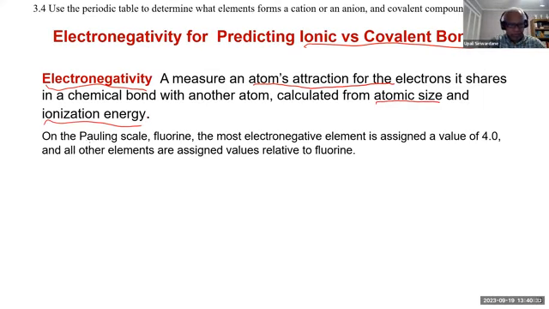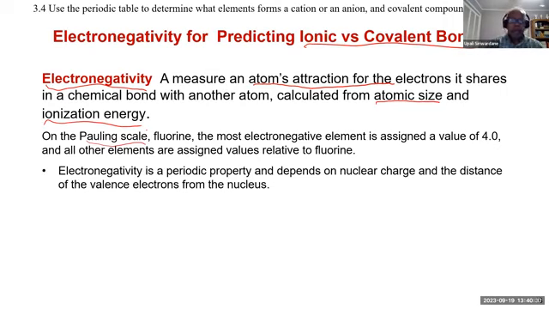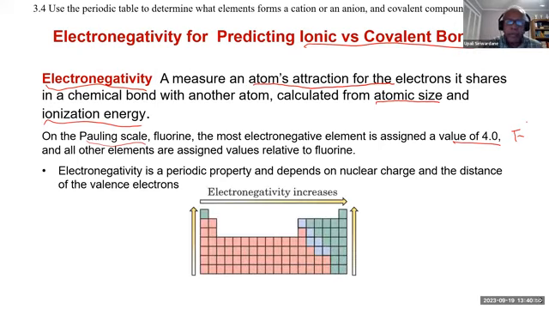Pauling came up with a scale with the following electronegativity values. Highest electronegativity means most attraction to valence electrons. There's a trend in the periodic table.